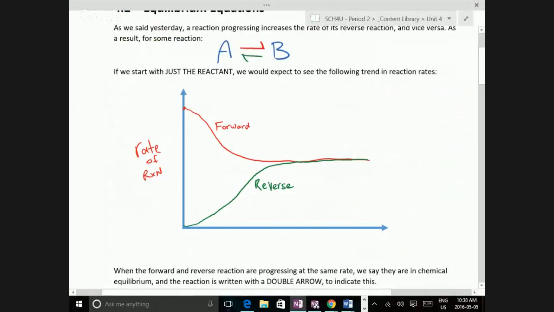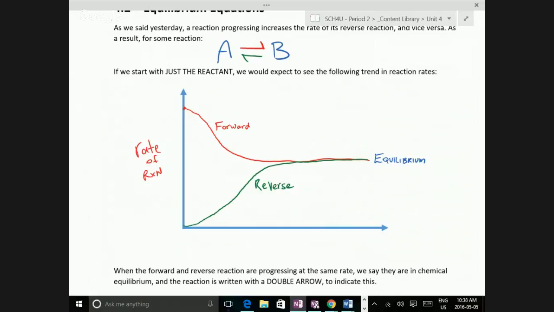When they hit the same speed, what do we call that state? Equilibrium. Now again, I want to stress, this isn't the concentrations. Do we know that the concentrations will necessarily be equal at equilibrium? No, we have no idea.